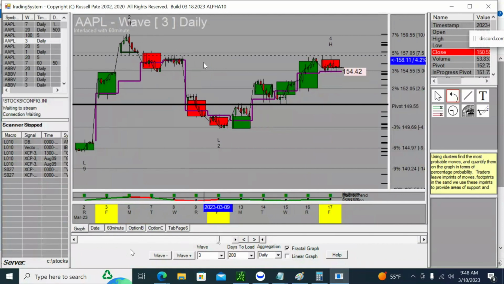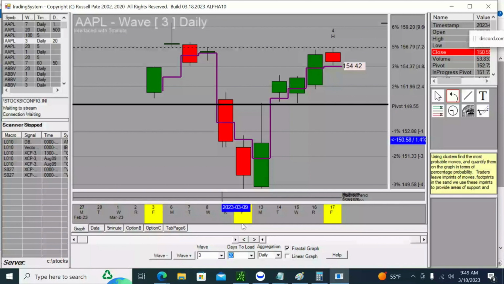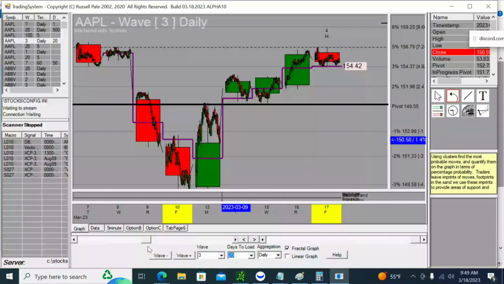So this interlace time frame right now, the system's picking it. If you come down here and do a smaller time frame, now it picked a 5-minute interlacing time frame.